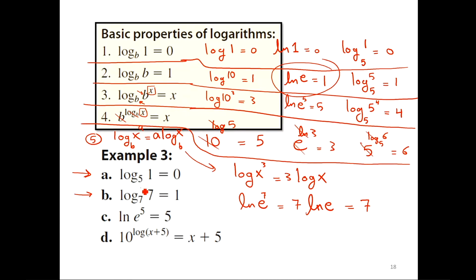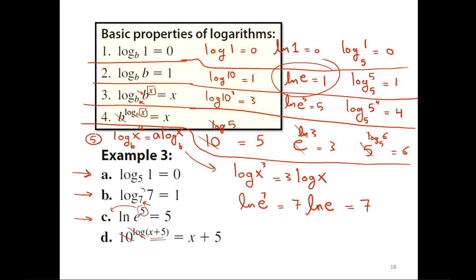If the argument and the base are equal, the logarithm equals 1. Look at this, if we have a power, we can put it outside. ln e equals 1, 5 multiplied by 1 equals 5. Also, if we have log base 10 of 10 to the power x plus 5, we can remove the 10 with the logarithm, so we have x plus 5.